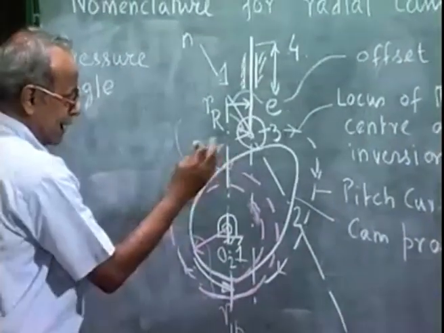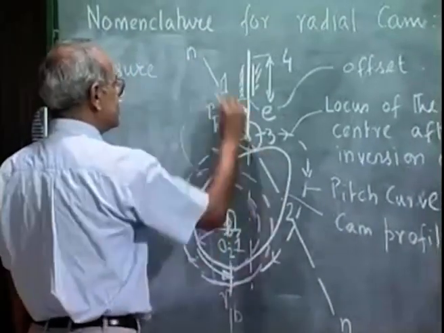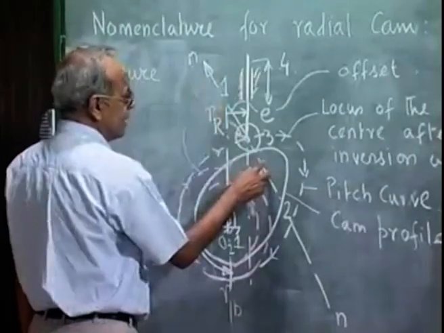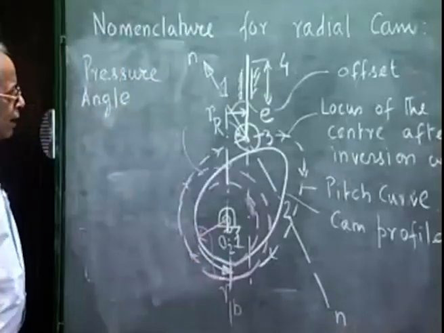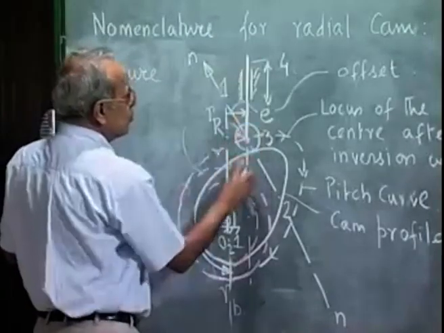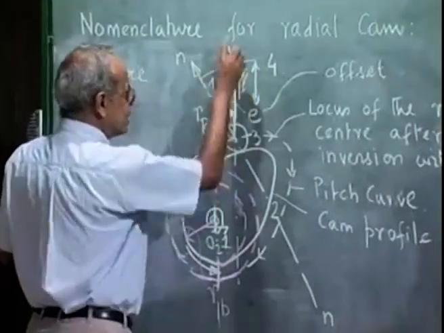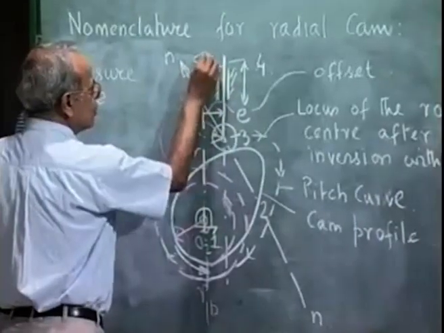Now, if we neglect the friction, the force that the cam exerts on the roller is along this common normal. So this is the direction of the force between the cam and the roller in the absence of friction. But I want the roller to move in the vertical direction. But I am pushing the roller along this direction. So this angle should not be too large.